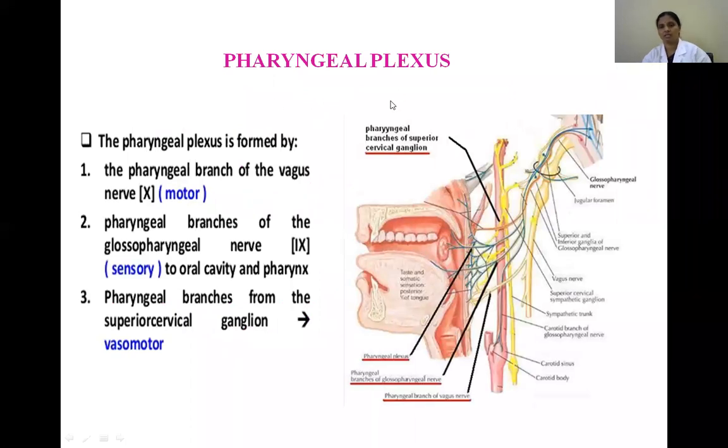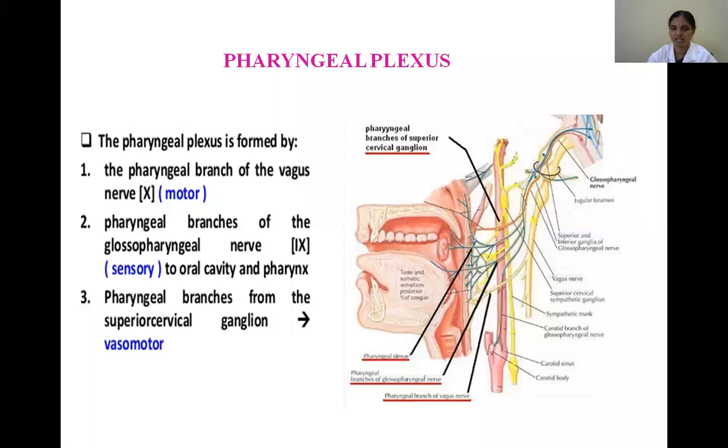The pharyngeal plexus is formed by three roots mainly. One is the motor root, which is derived from the vagus nerve. The pharyngeal branch of the vagus nerve actually carries the fibers of the cranial part of the accessory nerve. So what is the motor nerve supply to the palate or pharynx? This is the cranial part of the accessory nerve.